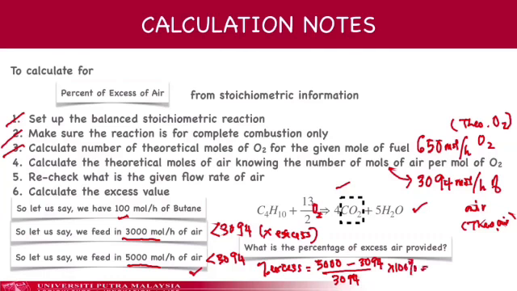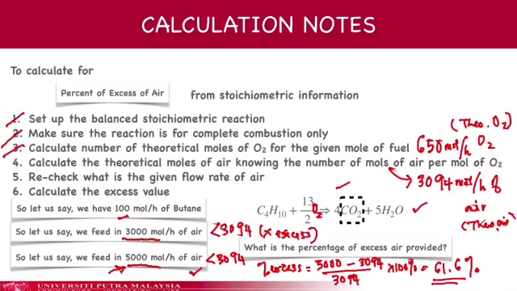So we will have 61.6%. So we can say that for this particular system, when you supply about 5000 mole per hour of air into the system, we are supplying the system with 61.6% excess air.